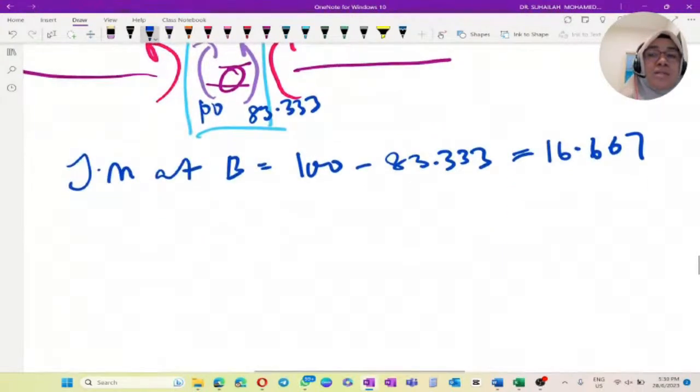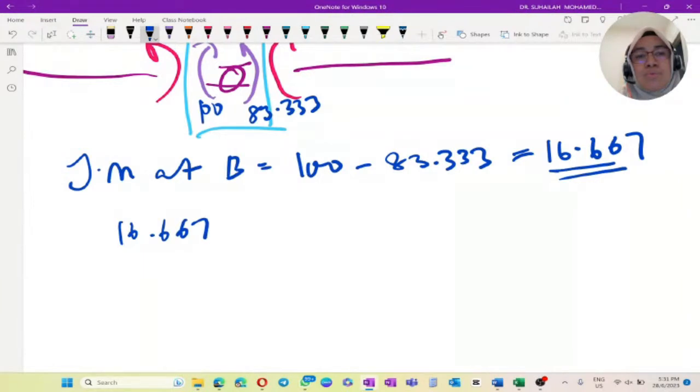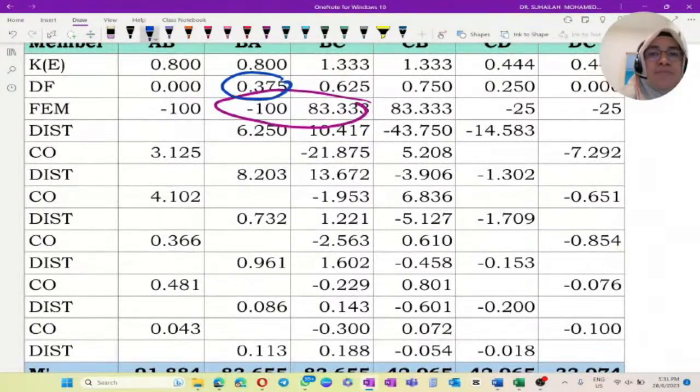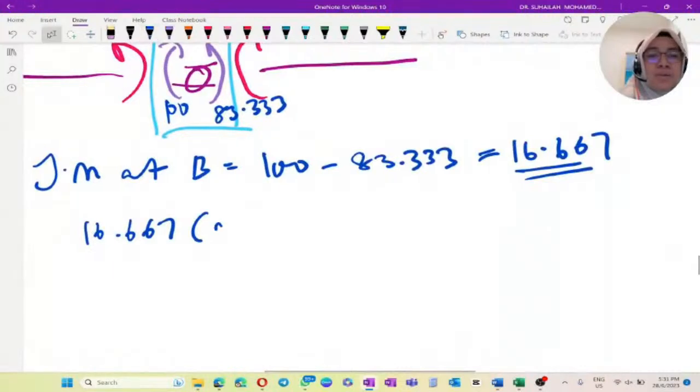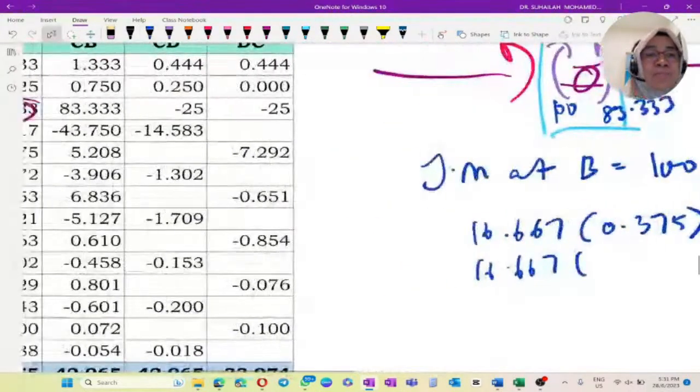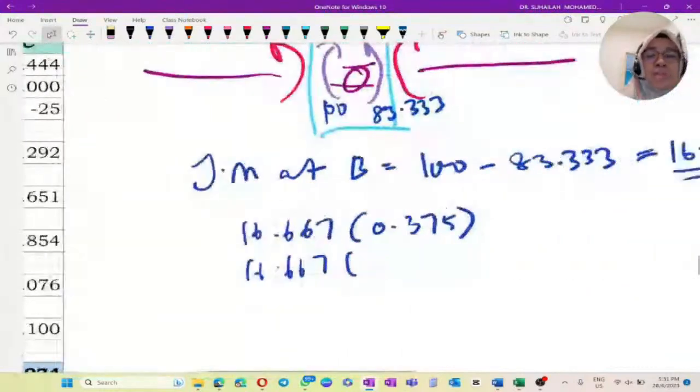When we distribute this 16.667, we distribute to BA and BC. For BA the factor is 0.375, and for BC the factor is 0.625.